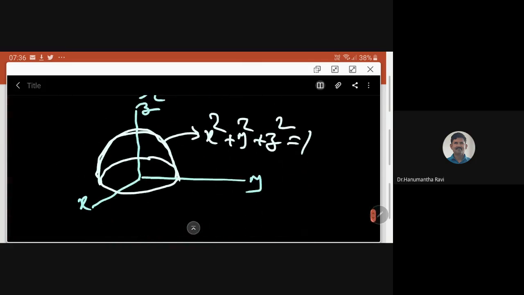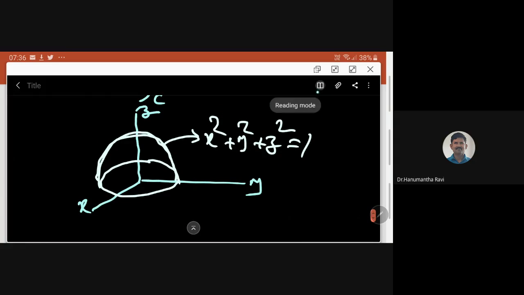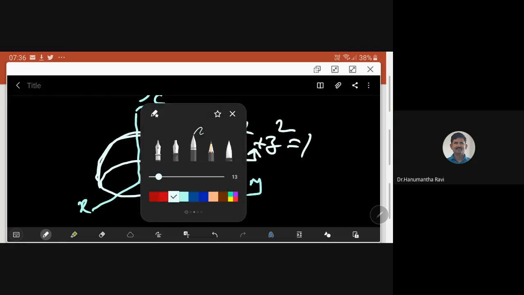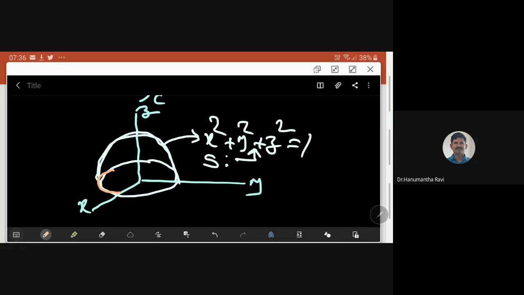Now, where is this C? Our surface is this, and then our C is here. This C is a circle centered at the origin with radius 1.